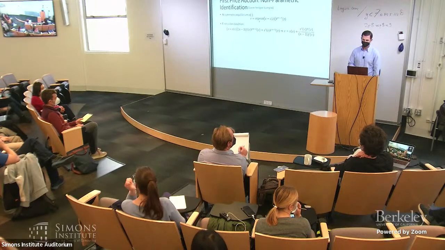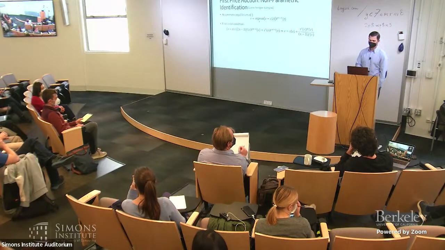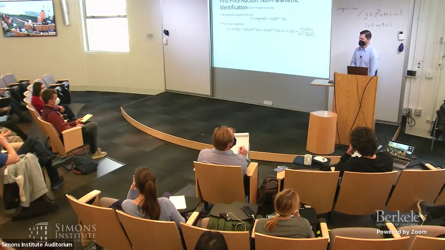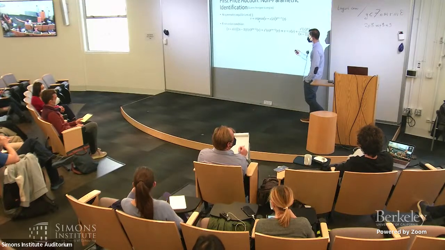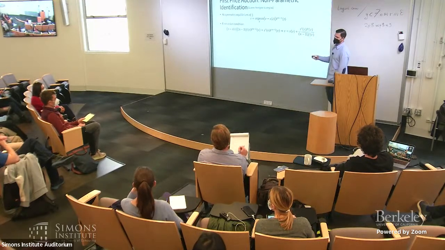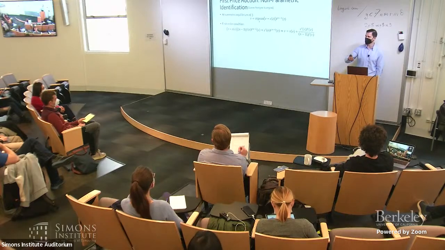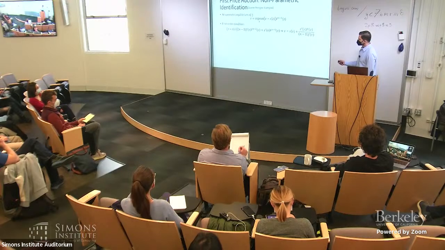So these are the first order conditions in the case that Z equals V. Exactly. So let's write now the first order condition of this objective and evaluate it at the optimum, which is V. So we take the derivative of this, evaluate it at V, and it has to be equal to 0.